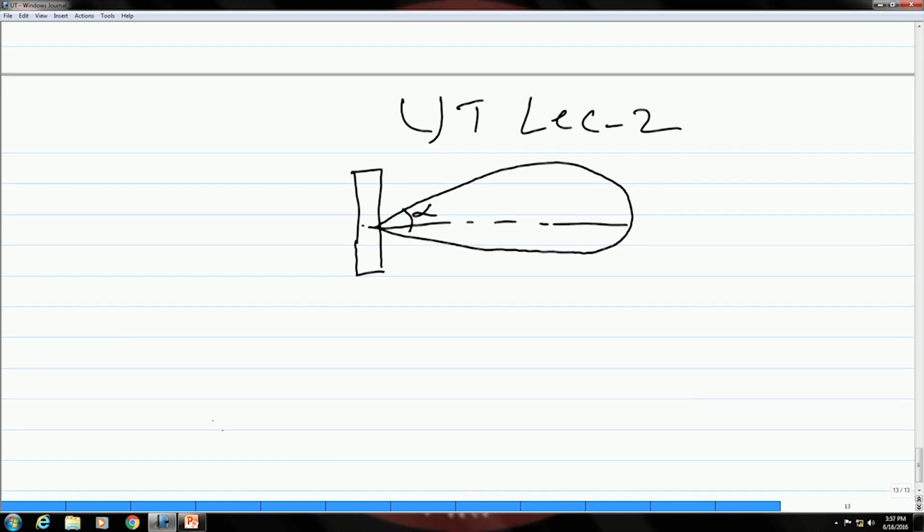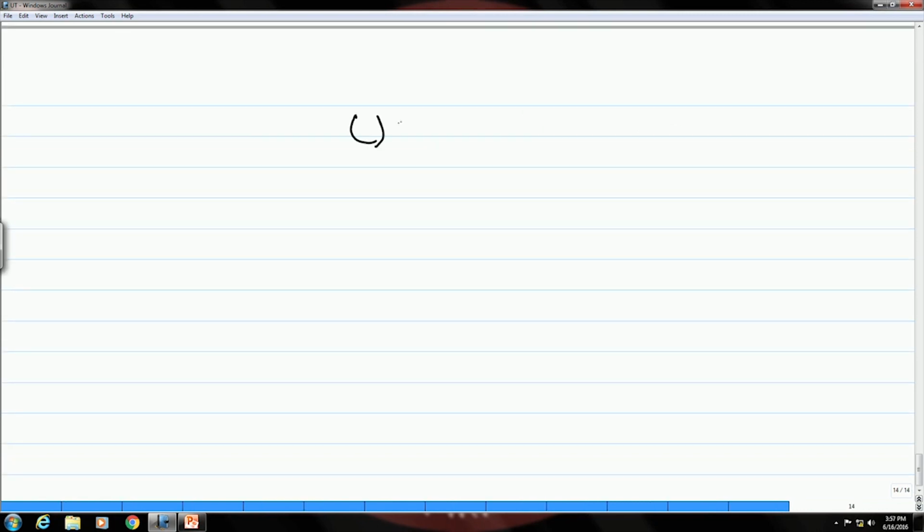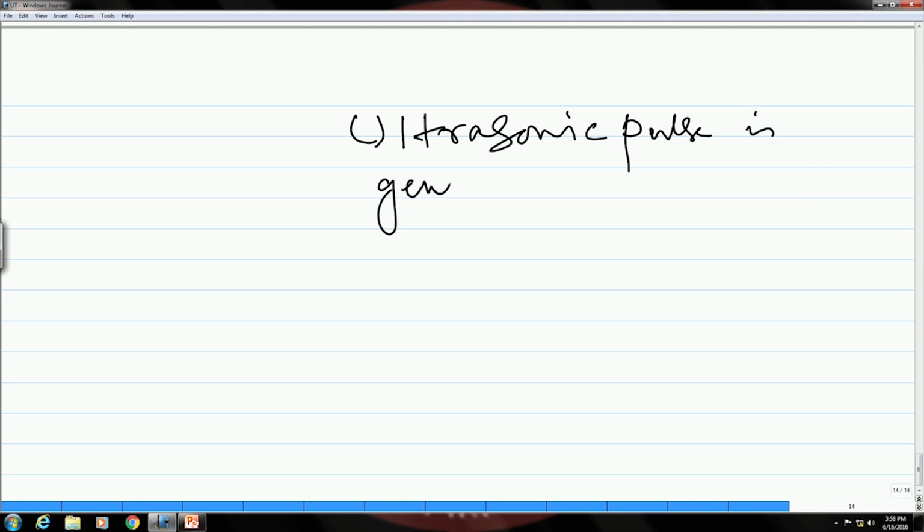Okay, so in the last class, we started this topic on ultrasonic testing, and we learned about the basic principle first, and then we also saw the beam shape and the pulse shape. So, we saw first that an ultrasonic pulse is generated for about 1 microsecond.